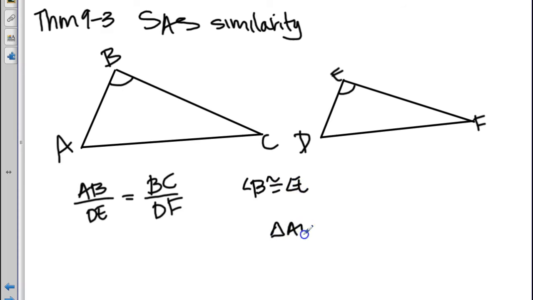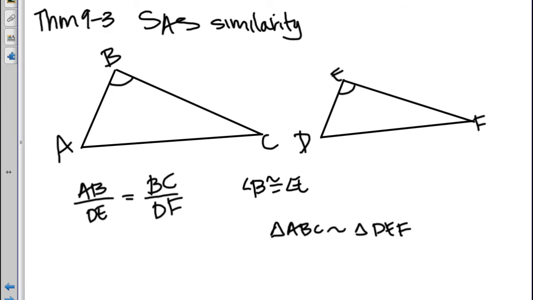So triangle ABC, and by the way, we could start that however we wanted, but once you start, that fixes it. So if I said BCA, I'd have to say EFD. If you need to back up this video to get that, since I didn't write it all the way out, you can definitely do that.